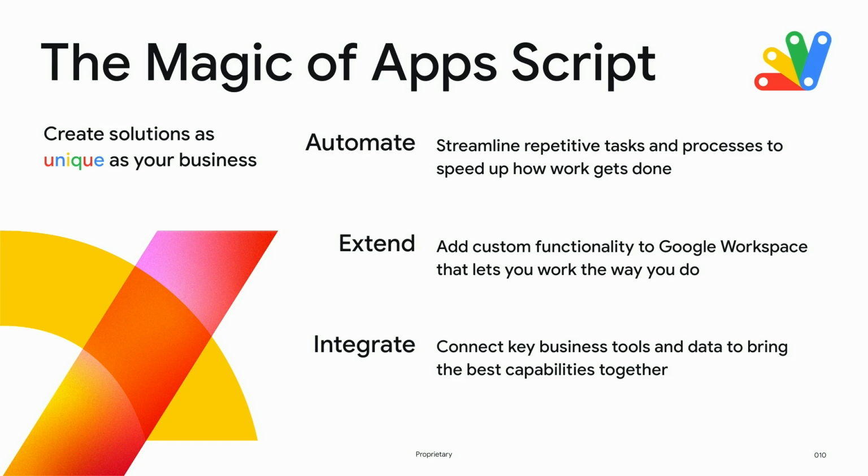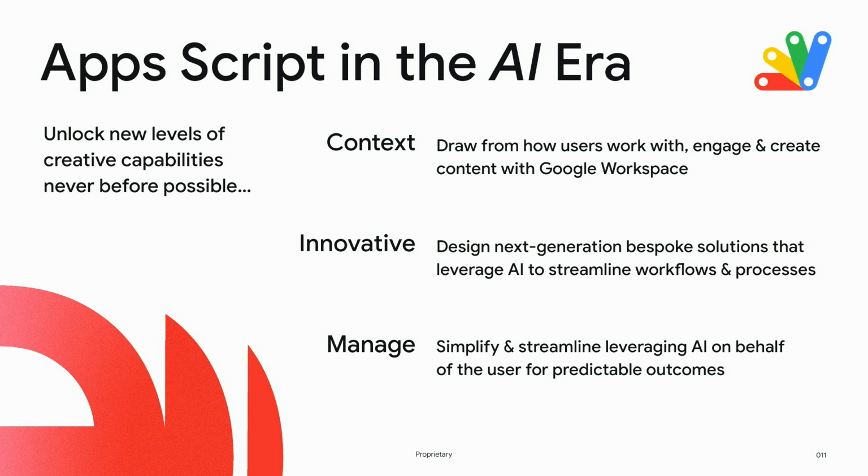So what does Appscript look like in the AI era? By accessing Gemini through APIs like the Generative Language API or the Vertex API, we can transform our existing Appscript solutions, or create totally new ones that wouldn't have been possible before Gen AI. And now, having programmatic access to your workspace data has never been more valuable.